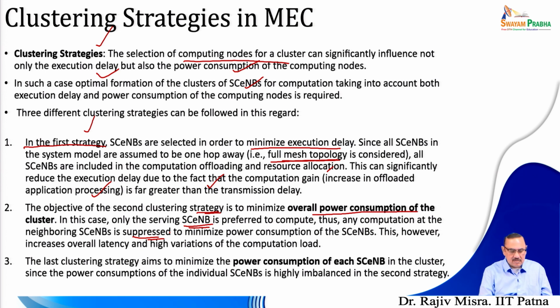This, however, increases the overall latency, the high variation of the computation load, but nevertheless it will minimize the overall power consumption of the cluster. The last clustering strategy aims to minimize the power consumption of each SCENB in the cluster, since the power consumption of individual SCENBs is highly imbalanced in the second strategy.